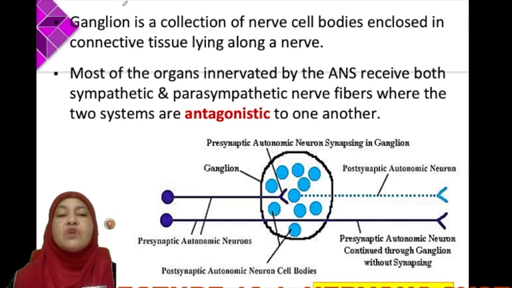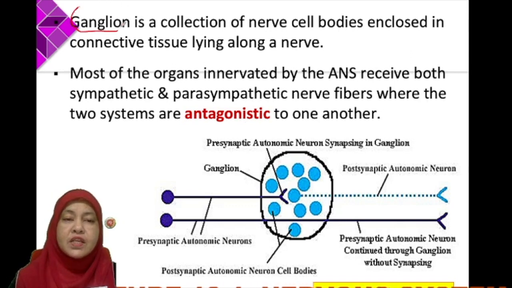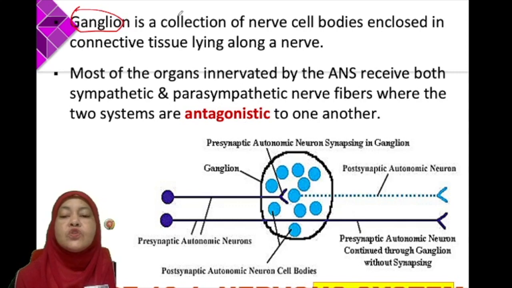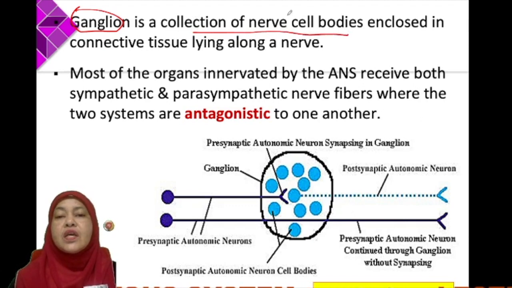Class, the teacher would like you to highlight this term: ganglion. What is meant by a ganglion? A ganglion refers to a collection of nerve cell bodies enclosed in connective tissue that lies along a nerve.